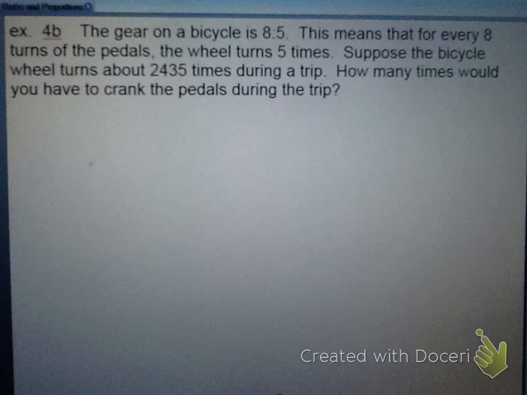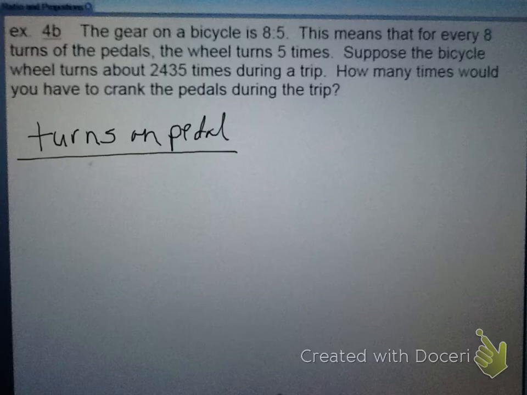Okay, so we're going to set this up again in another proportion. Our formula is going to be the number of turns on the pedal over the number of wheel turns, or something to that nature.